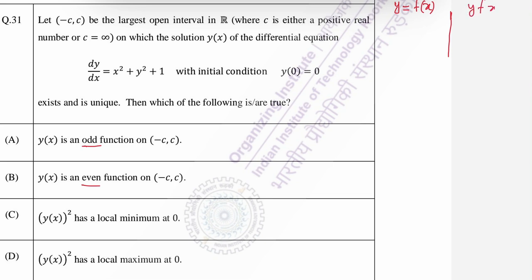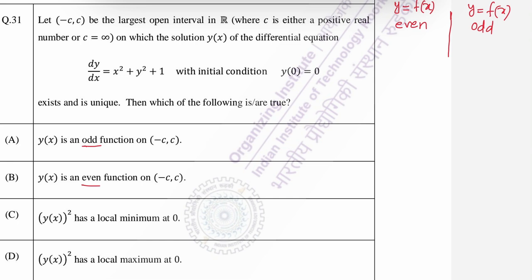Suppose f(x) is even, suppose it is odd. I am proceeding taking both the possibilities.